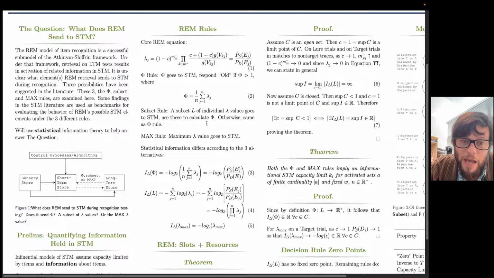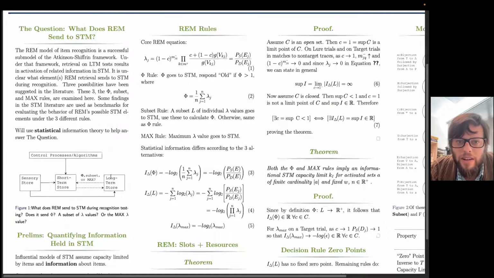If you look at the details of the Malmberg model, it's possible to have exactly the same value, but you will not necessarily have exactly the same value for the information, because we're talking about what's being held in short-term memory. And then finally, the max value is really simple. You're just taking the neg log 2 of the maximum lambda value. So there's a whole bunch of things I'm trying to do with this to figure out which of these quantities is going to short-term memory.